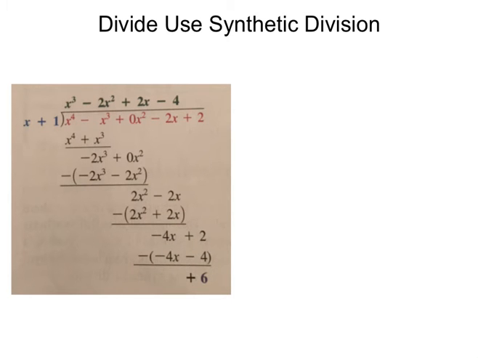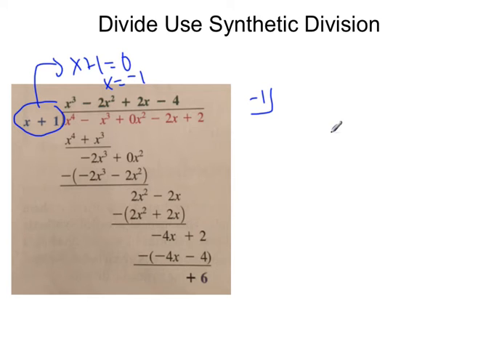So I'm going to display the problem that we just did, and I'm going to show you how to use synthetic division and how it relates. You'll notice we're dividing here by a linear factor, x plus 1. So I'm going to write minus 1 here. We get minus 1 by setting x plus 1 equal to 0. That gives me my x equals minus 1.